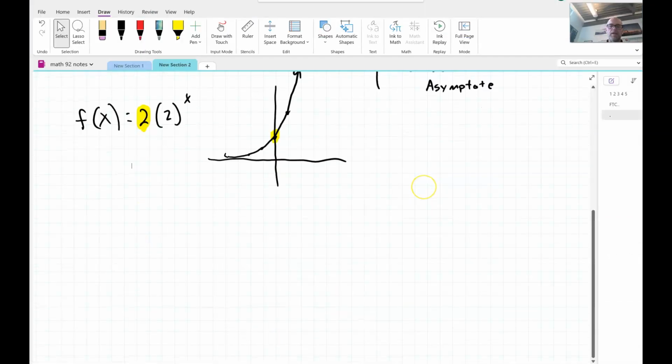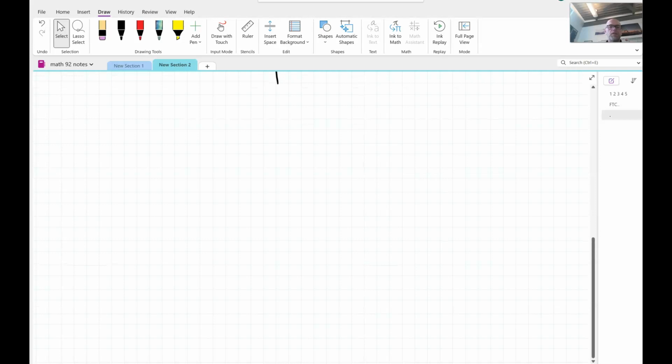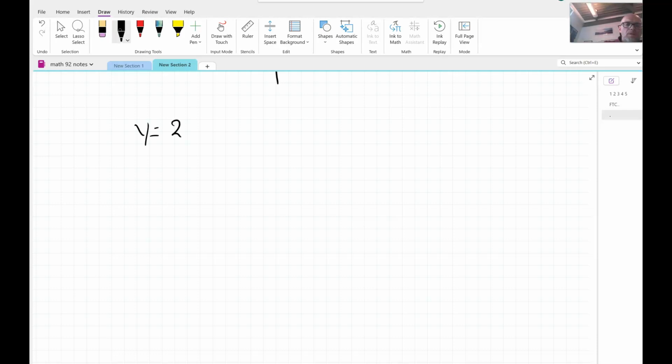So let's say I gave you a bunch of exponential equations like y equals 2 times 1/2 to the x, that's the one we gave you already, or y equals 4 times 2/3 to the x, or y equals 5/4 times 2 to the x.